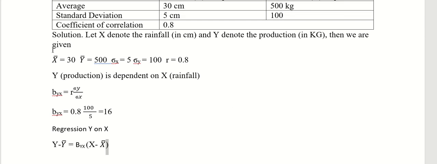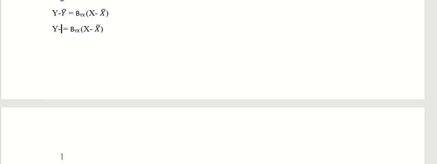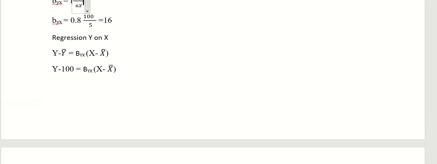So I will put in the values now. Here, mean y is 500. Oh sorry, 100 was the standard deviation, right? So this is 500, and beta y on x we have calculated is 16.